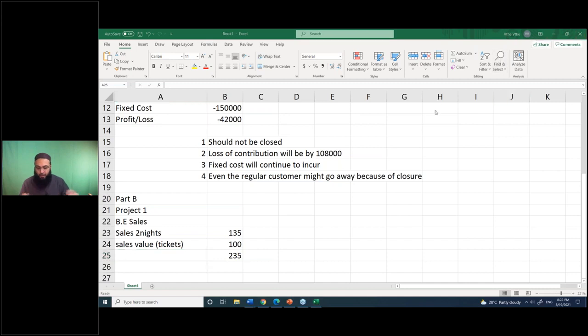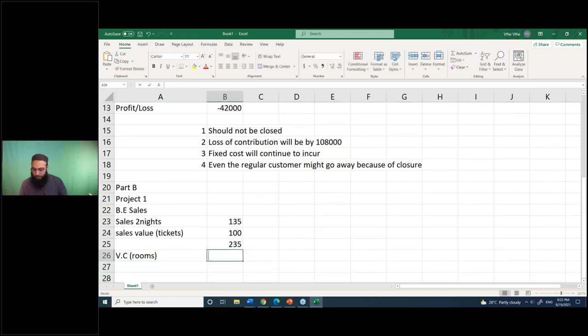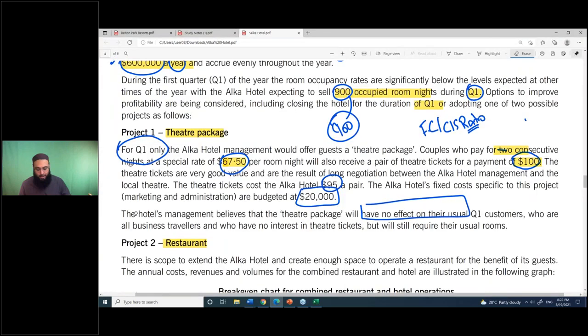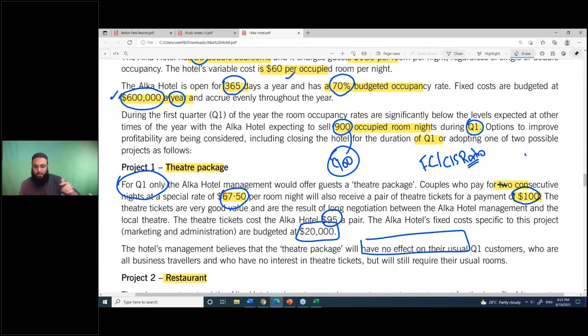Now, the variable cost, because I need to work out the contribution, right? Variable cost for rooms is simple. It's a 2 night stay, and each day the variable cost is 60, as we have already seen earlier.